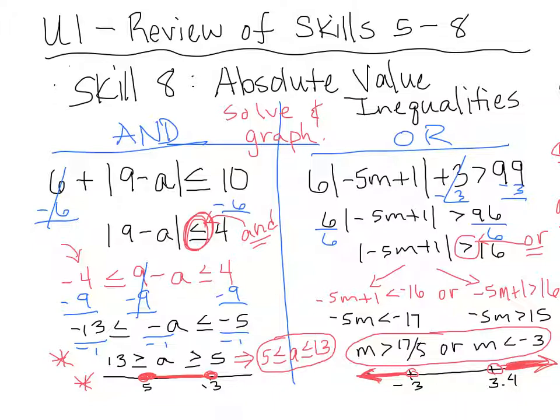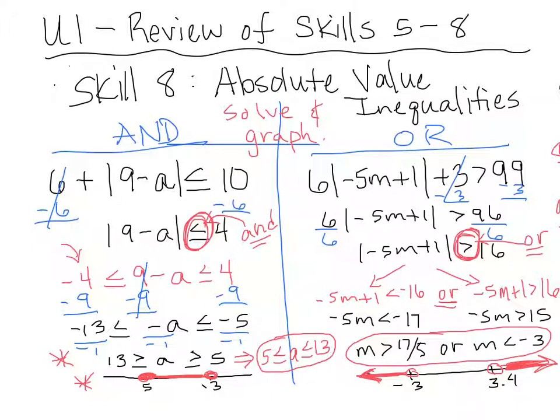Now the "or" problem, it had 2 steps at the beginning. We had to subtract 3 and divide by 6. And because we're left with that greater than symbol after the absolute value signs, it is an "or." So I split this into 2 separate problems with that connector word "or" in the middle. I solved each side separately.